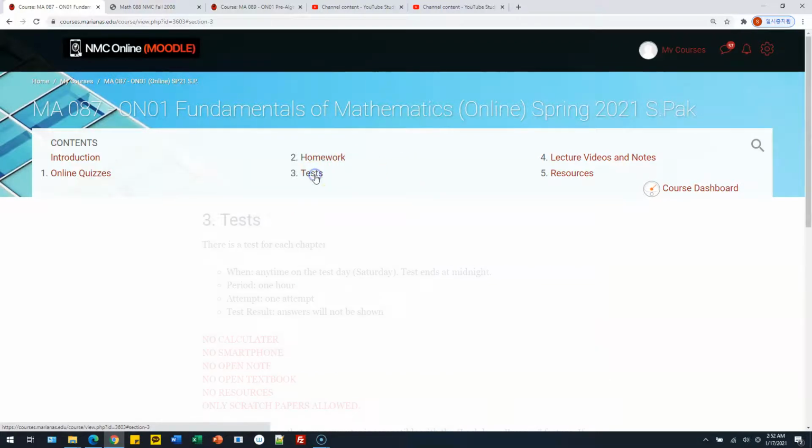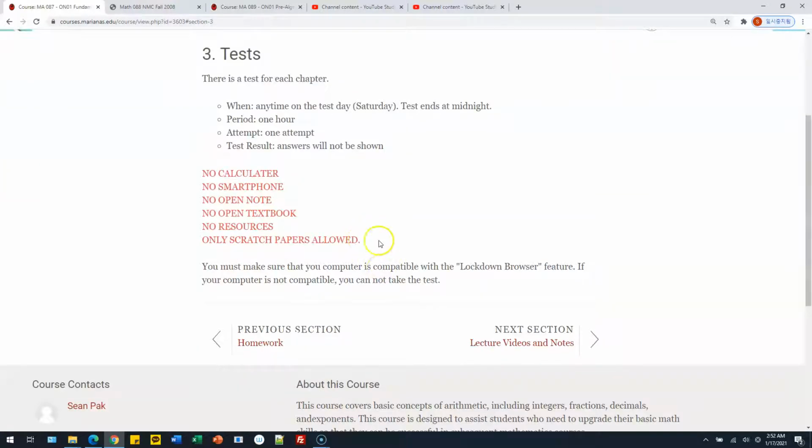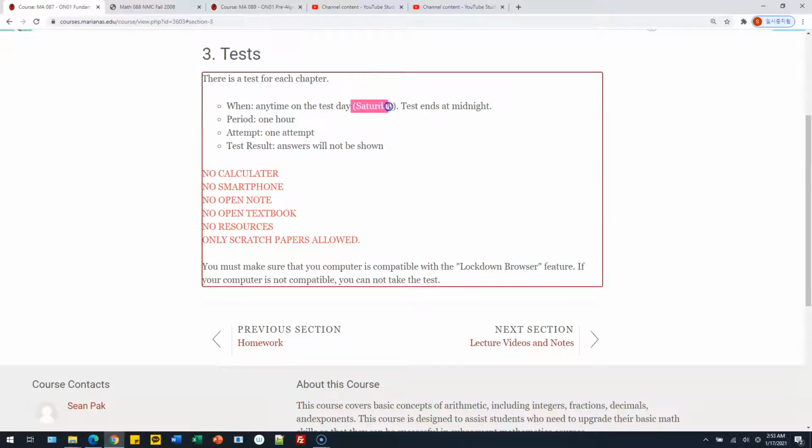And then tests. I will post your test over here. So when do you take the test? Since this is an online course, you can take the test anytime on Saturday. If this is face-to-face, then the test will be held in the class.